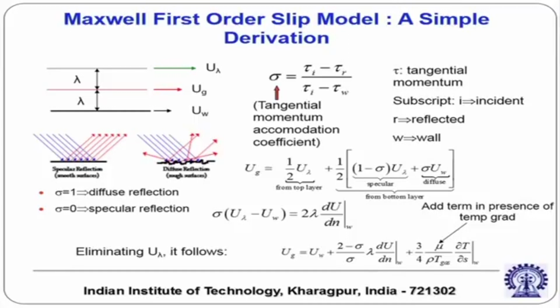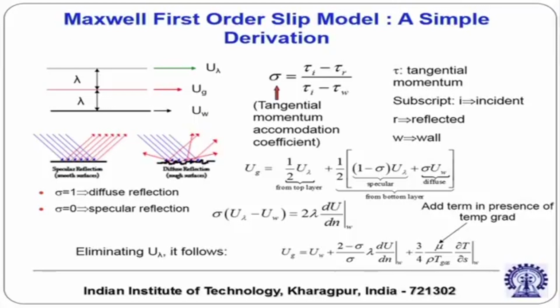So you can see that this value of sigma is something between 0 and 1, because there are limiting cases of specular reflection. Specular reflection is when tau I is equal to tau r, that is the incident tangential momentum is the same as the reflected tangential momentum, and then sigma is equal to 0.